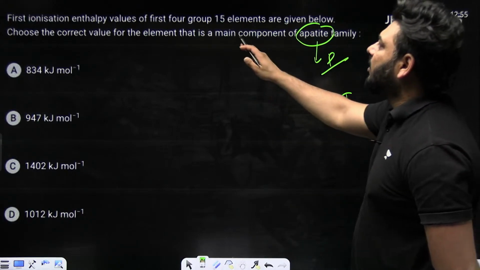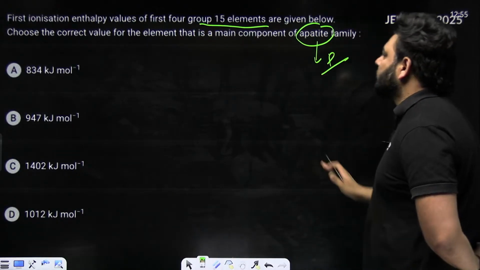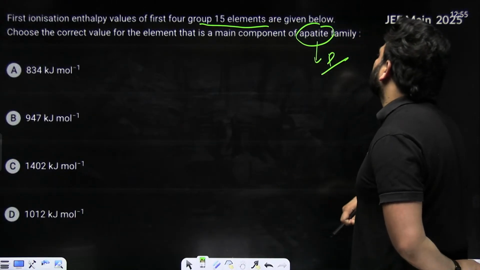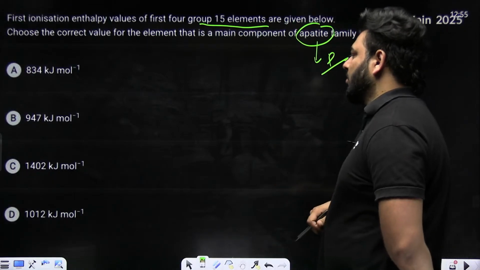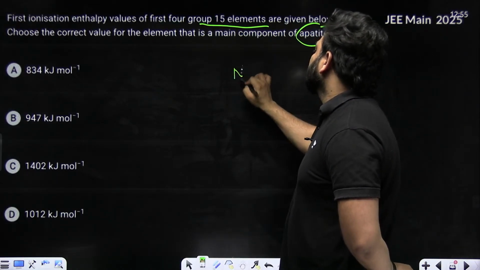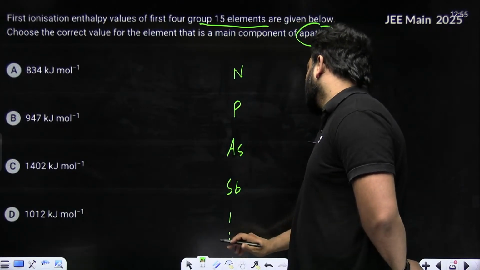I think it is asking for the first ionization values of these, which are given like this. So we have to identify the one which is the apatite family. What elements are there, by the way? We have nitrogen, phosphorus, arsenic, antimony, bismuth.